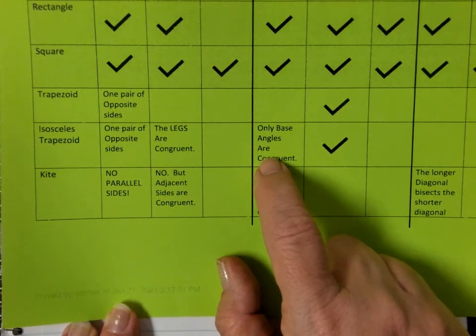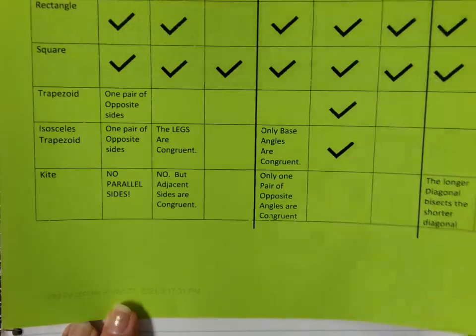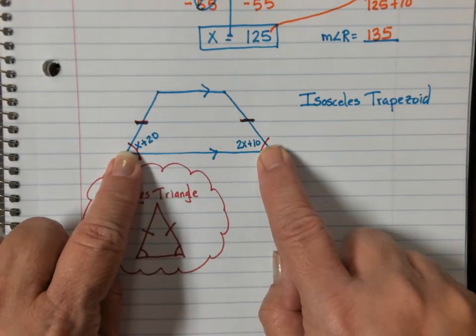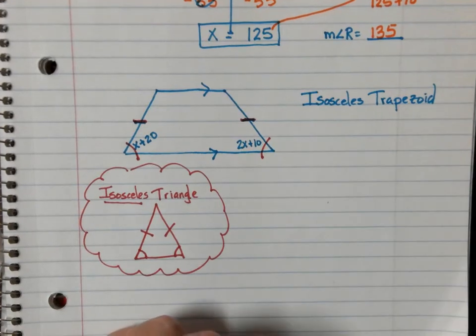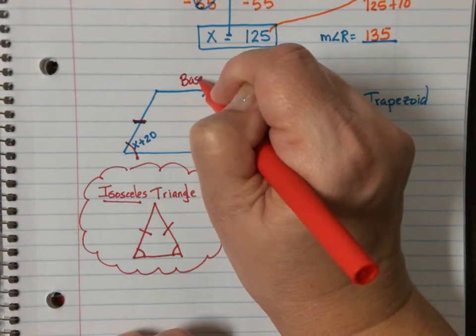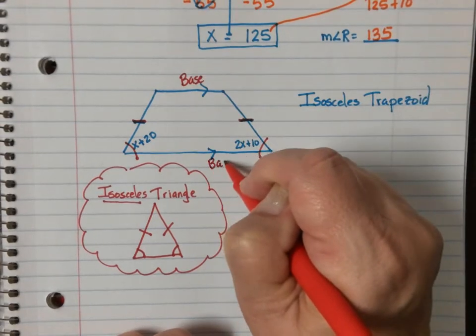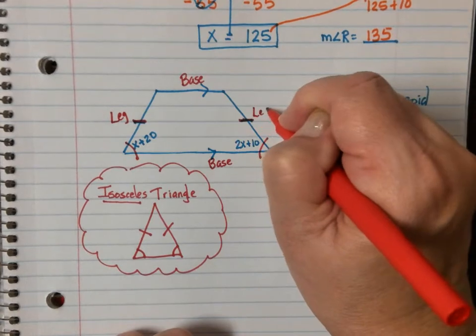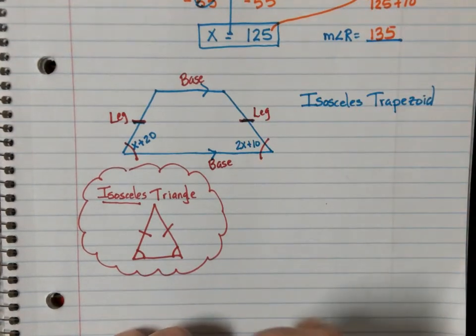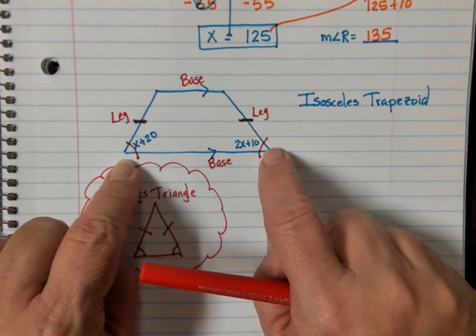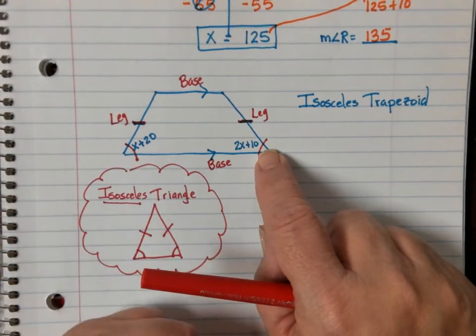The base angles are congruent. So these two right here, these are the base angles. So in a trapezoid, this is a base, and this is a base, and this is a leg, and this is a leg, right? So the two leg sides are congruent and the base angles are congruent.